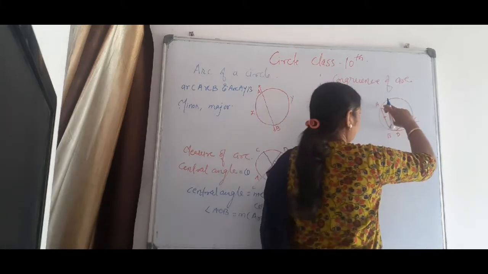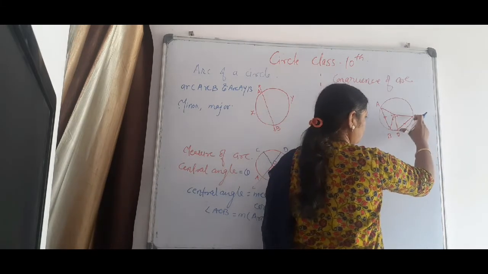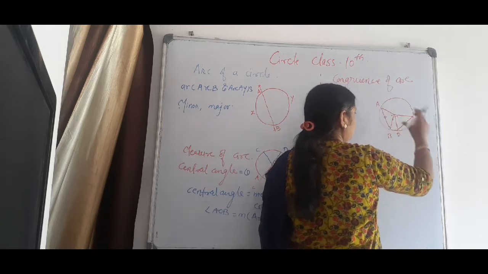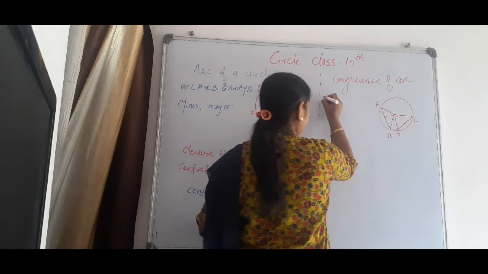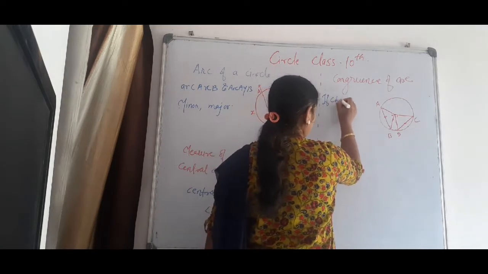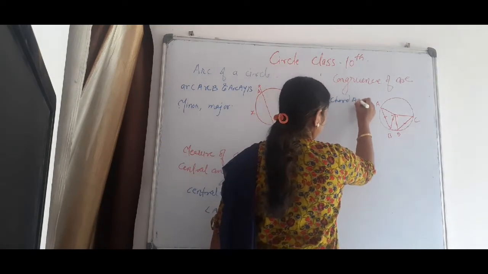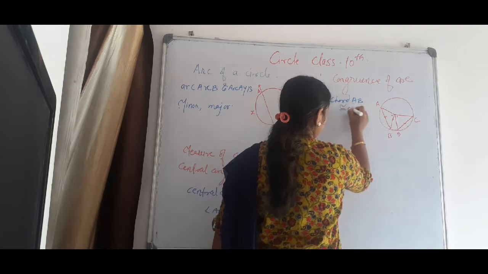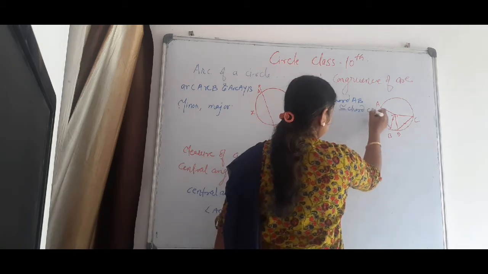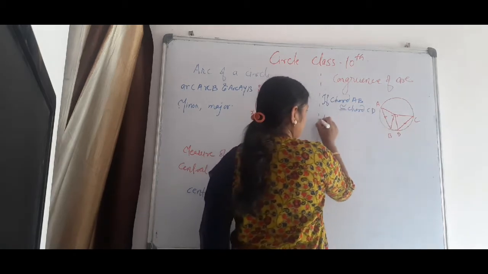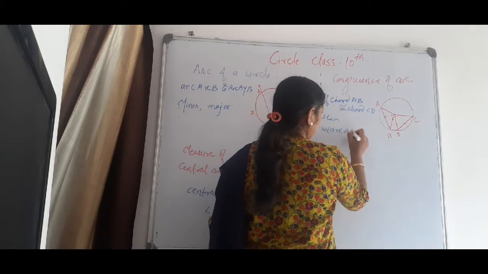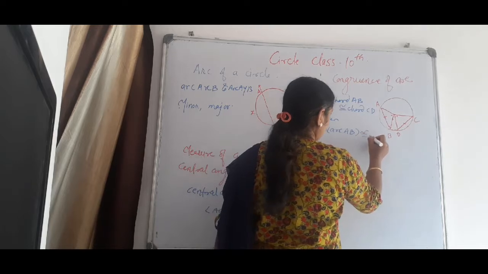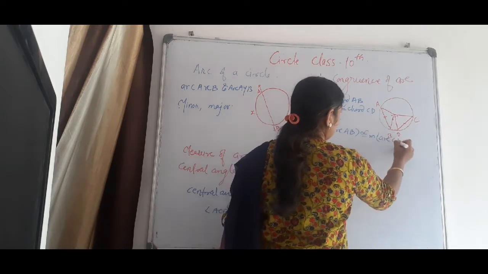If chord AB is congruent to chord CD, then measure of arc AB is congruent to measure of arc CD.